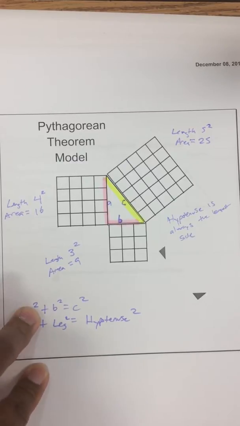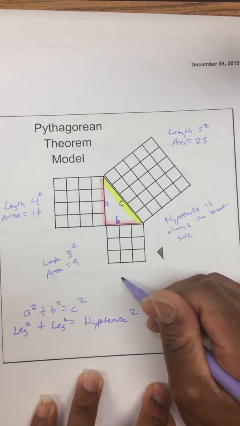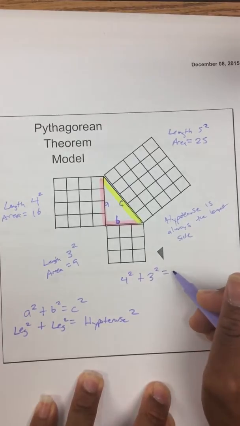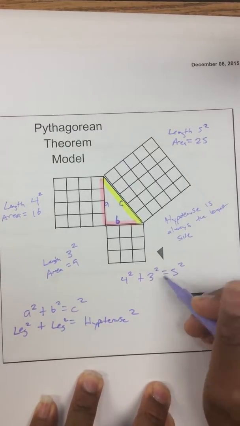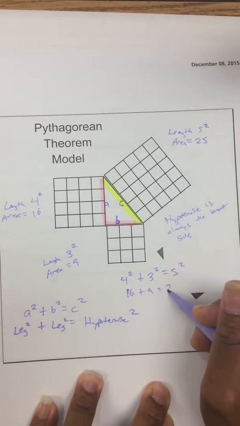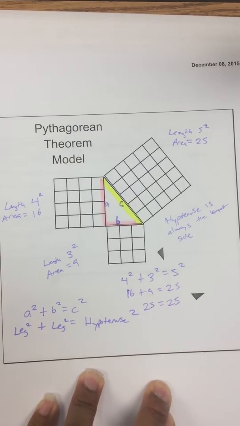Now, we compile this together, okay? And when we compile this together, we say 4 squared plus 3 squared equals 5 squared. And when I solve it, that'll be 16 plus 9 equals 25. And I see that those are equal.